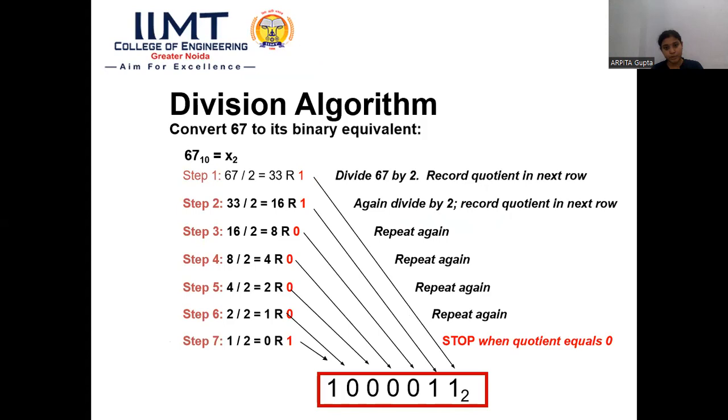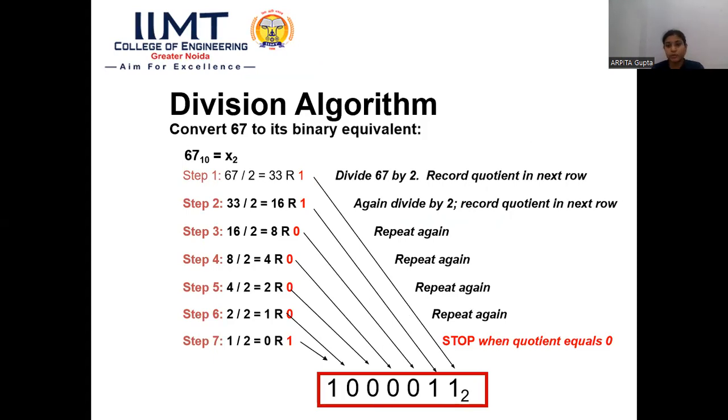67 is a decimal number. Binary means with a base 2. So when we convert a decimal number into a binary number system, we use the division algorithm. The division algorithm is to divide the decimal number by 2 till the quotient becomes 0. Just like 67 divided by 2, we get quotient 33 and remainder 1.